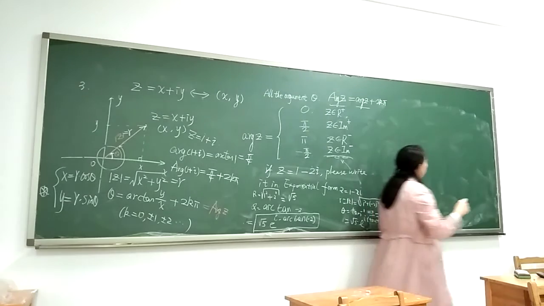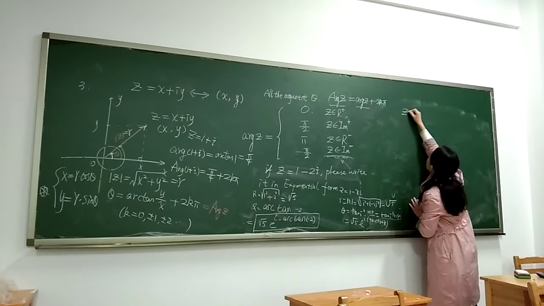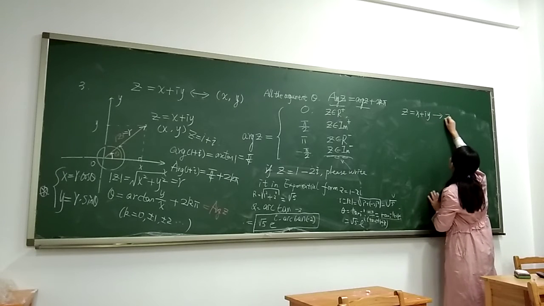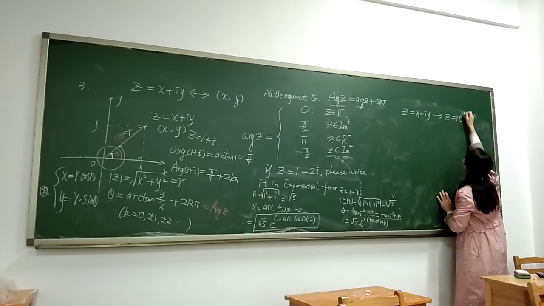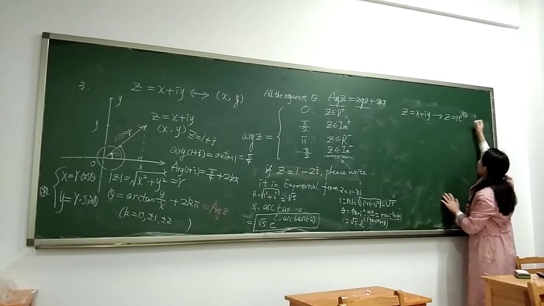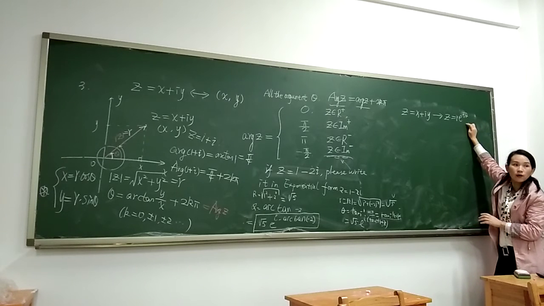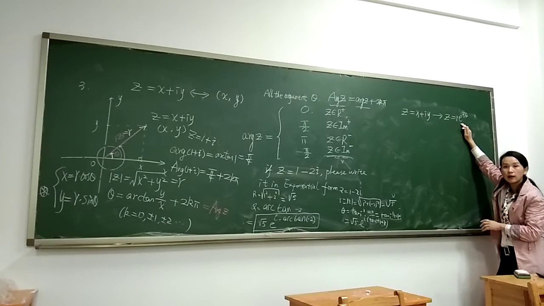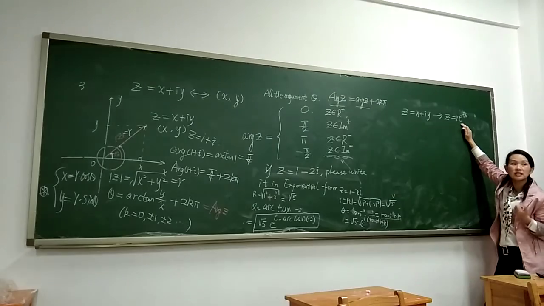If I give you a complex number, you can write this complex number in this form. Why do you write in this form? Because if you write in this form, it makes computation easy.